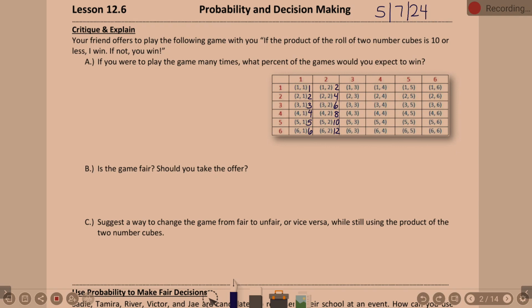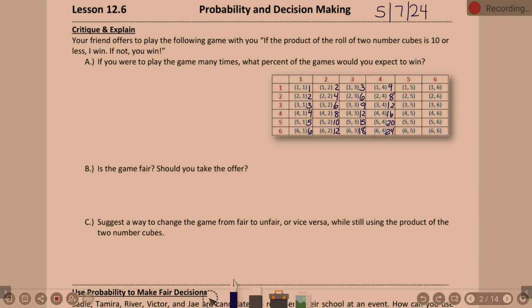This next column, are you figuring out the pattern? This is going to be multiples of 3. 1 times 3. 2 times 3. 9, 12, 15, and 6 times 3 is 18. Okay, my 4 column. 1 times 4 is 4. 2 times 4, 8. 3 times 4, 12. 16, 20, 24.